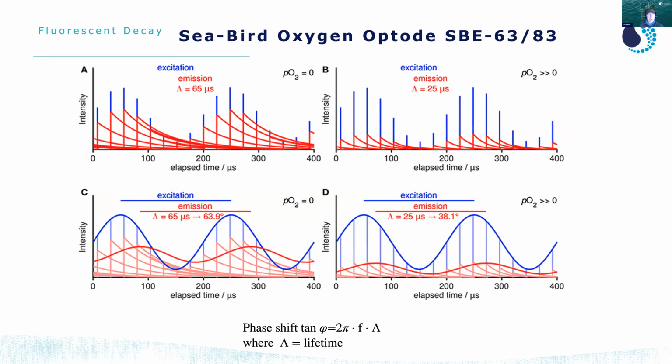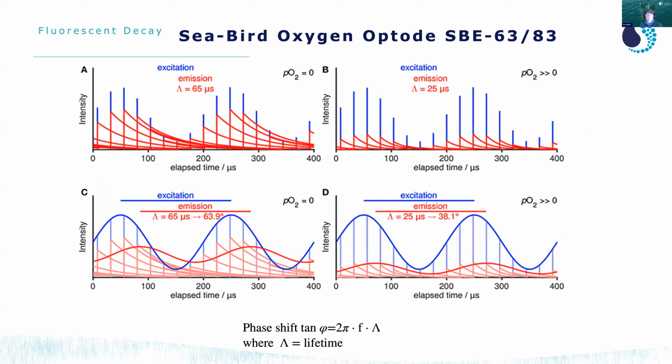Just take a look at the bottom. The blue pulses are modulated according to a sine wave. And we can see on the bottom left in C, we get 65 microseconds. That long lifetime corresponds to a phase shift between the peak of the blue and the peak of the red of 63 degrees.